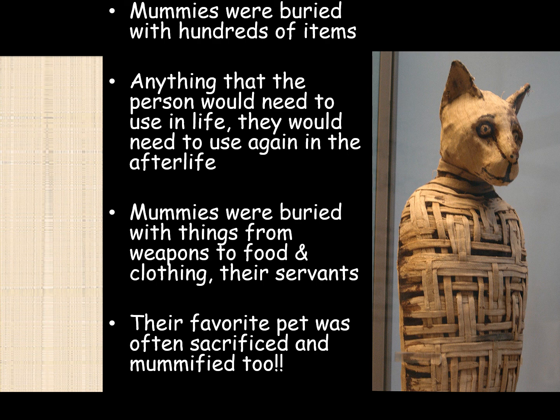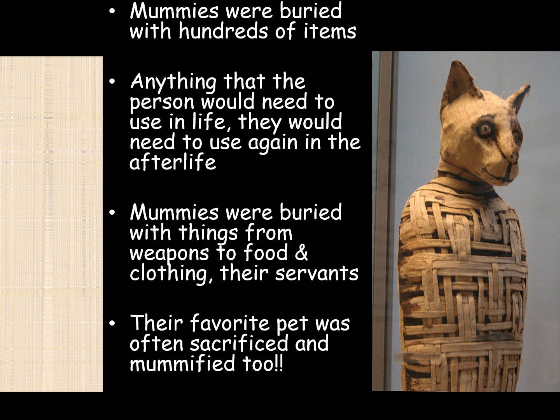So then the mummies are buried with hundreds of items because they're going to need all this stuff in the afterlife. So anything the person would need to use in life, they would need to use again in the afterlife. Maybe china or silver, or who knows, right? When they open up these pyramids now, the archaeologists go in there, they find all kinds of cool stuff in there. And they were buried with things from weapons to food to clothing, and even sometimes they had their servants buried with them.